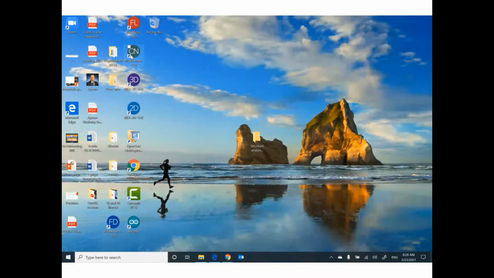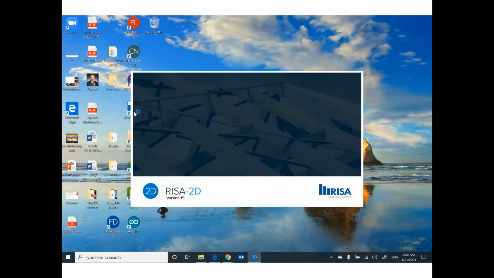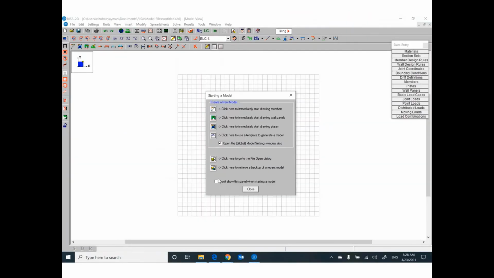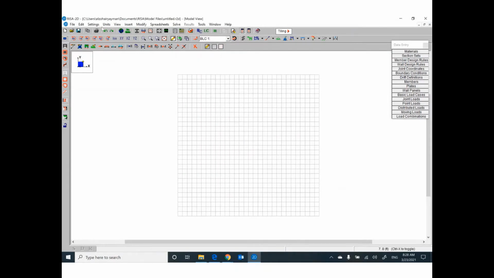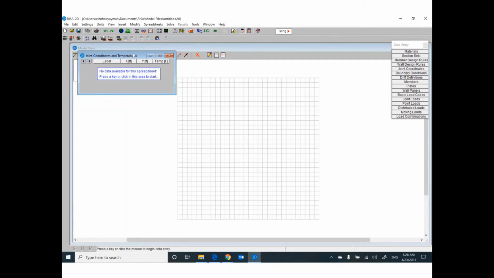Here is RISA 2D. Insert, joint, I said 0, 0, 3, 0, 6, 0, 9, 0.